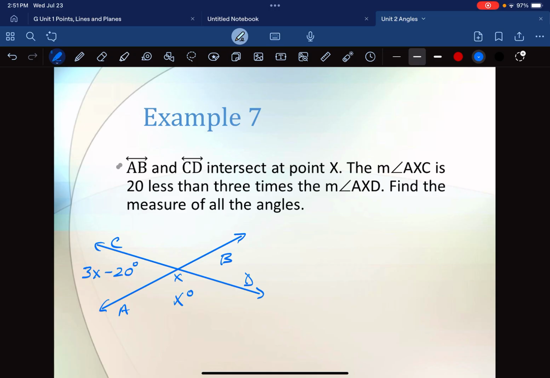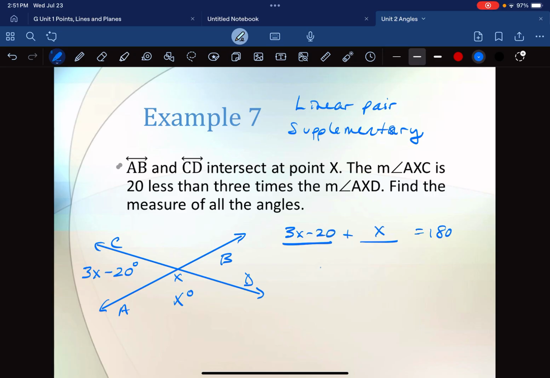And what's the relationship between the angles? Well, AXC and AXD in this drawing are a linear pair, which we also know to be supplementary, right? So I know that blank plus blank equals 180. So this is 3x minus 20, and this is just plain old x. So that gives me 4 x's on this side. Subtracting 20 gives me 160.